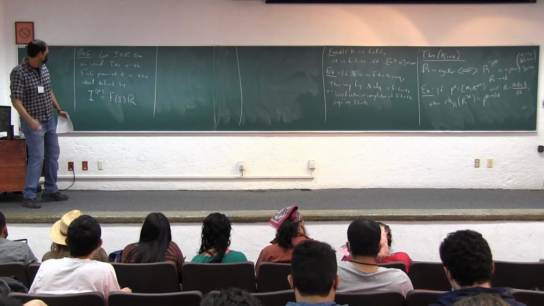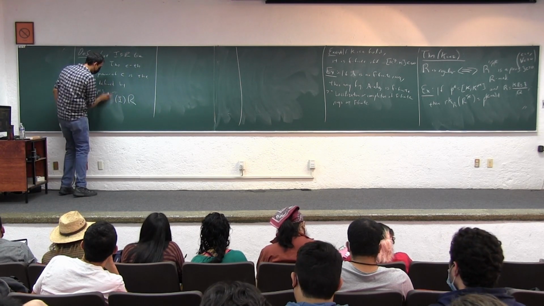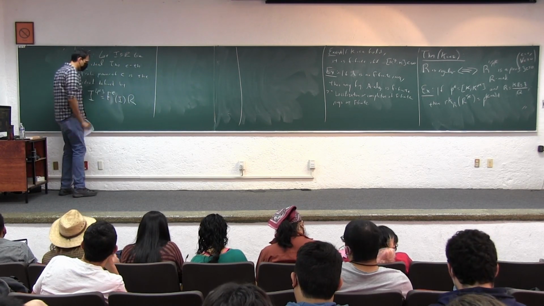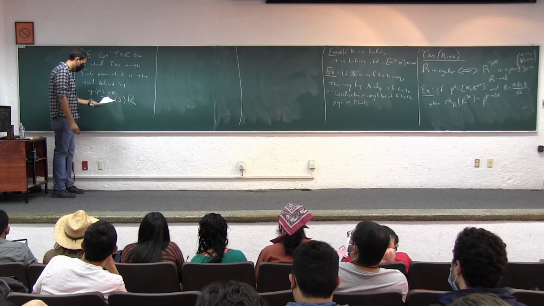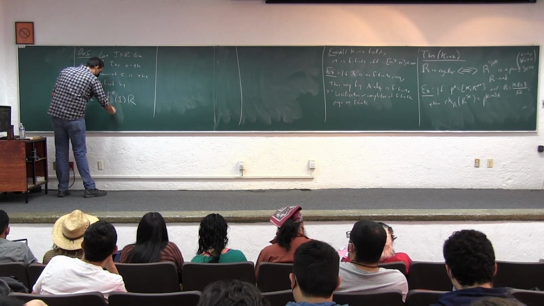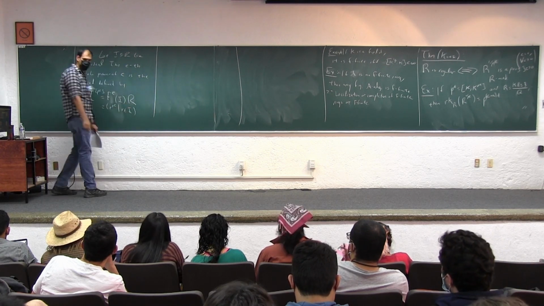So you take the iterated Frobenius, the e-th Frobenius, we take the image, and then we expand as an R ideal. Another way to see this is an ideal generated by r to the p^e for every element in the ideal.